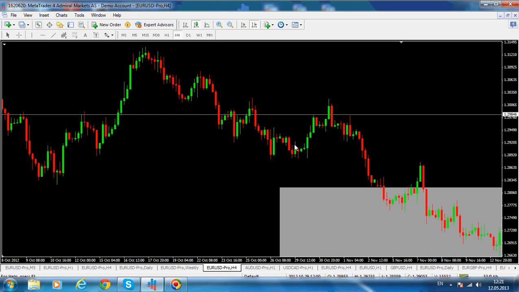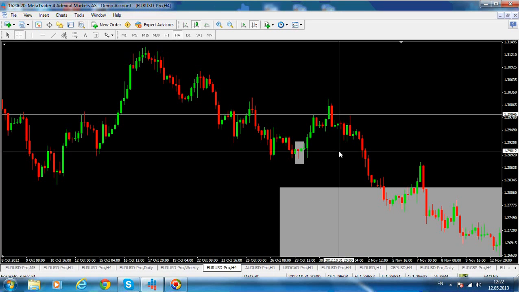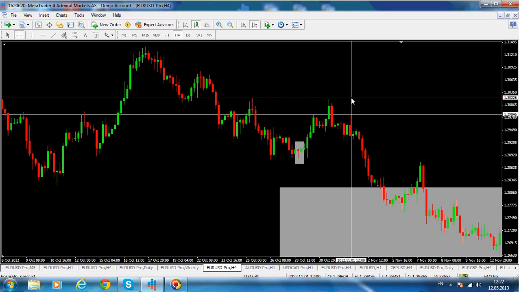Price coming from the upside makes a nice hammer in here with a red real body, and this is our hammer. Then on the third candle, the lows of the shadows in here are being tested, only for the market to blast to the upside. This is 129, and the market goes towards 130, 130.22, so 100 and something pips based on a 4-hour candle hammer.